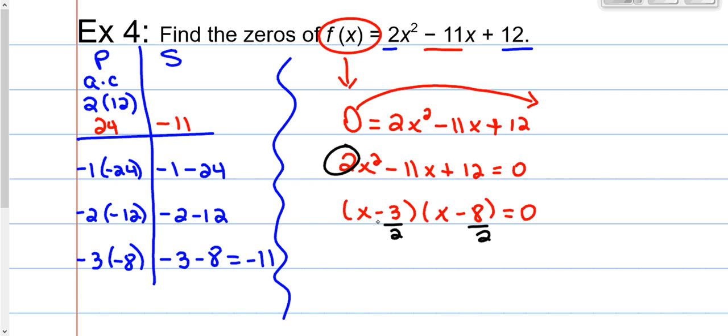Well, if I have 3 over 2, that does not simplify. So now I have 2x minus 3 because this 2 right here, remember, had to go up in front of the x. Now I have x minus 8 over 2. Well, 8 over 2 simplifies to x minus 4 equals 0.